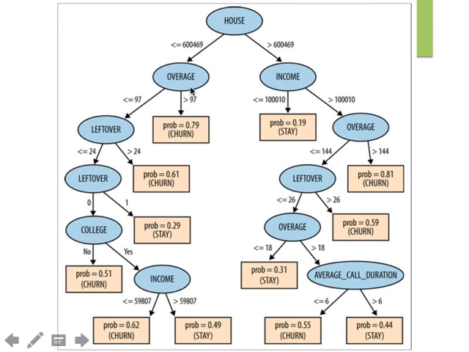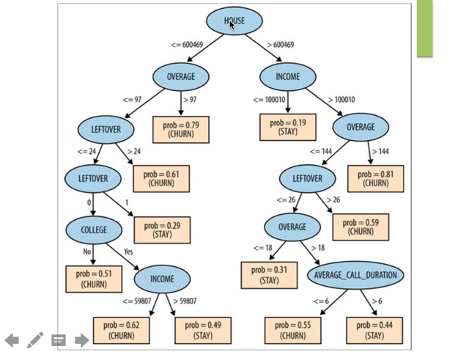So for those cases, I can very quickly identify that they are very likely going to leave my company, so I can do something for them. And the same thing I can do for the rest. So the tree will allow us to predict clients that may churn, clients that may stay, and when that happens.